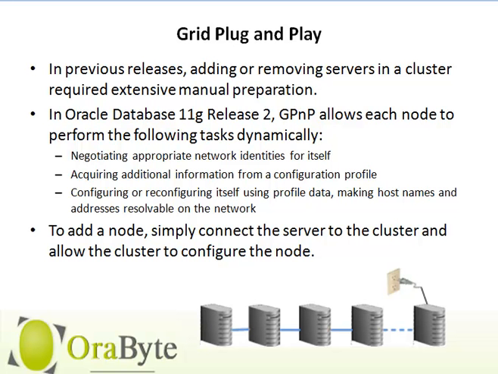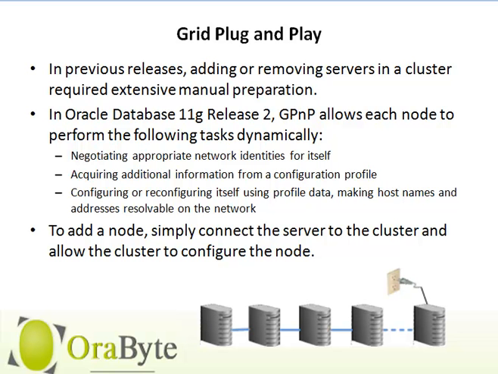In Oracle Database 11gR2, GPnP, Grid Plug and Play, allows each node to perform the following tasks dynamically: negotiating appropriate network identities for itself, acquiring additional information from a cluster configuration profile, configuring or reconfiguring itself using profile data, making host names and addresses resolvable on the network. To add a node, simply connect the server to the cluster and allow the cluster to configure the node.